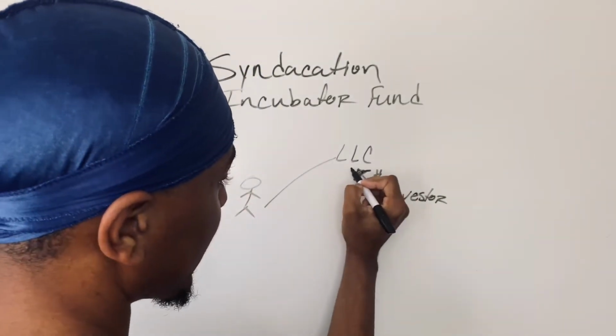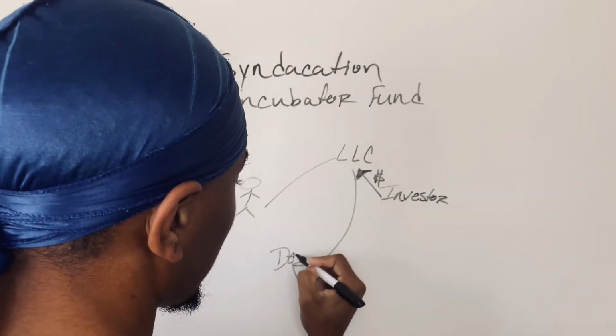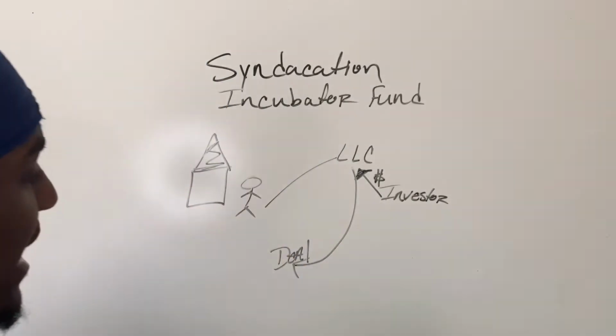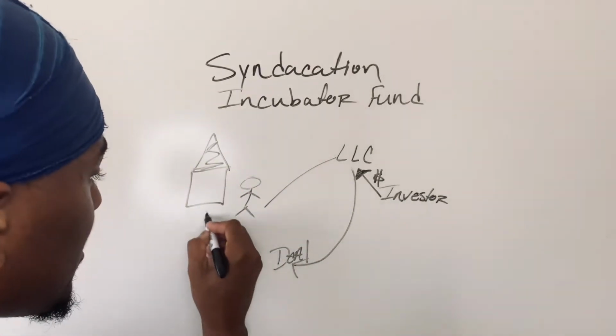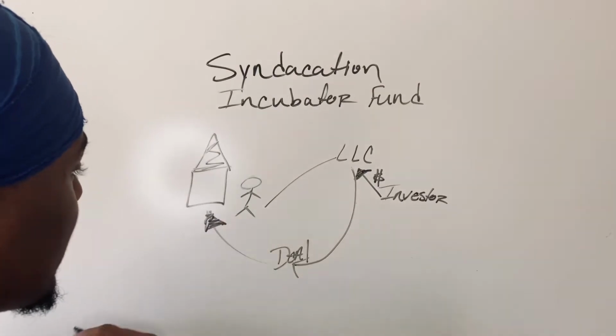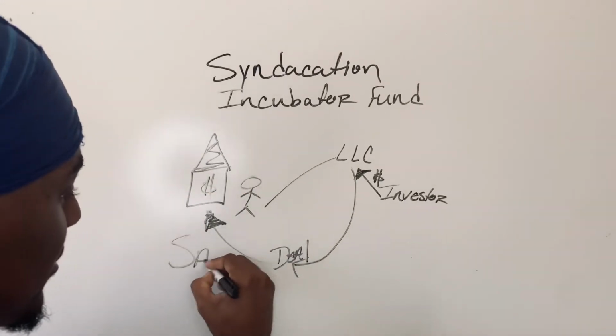They would take this money and do the deal. They would renovate the house, get it all ready, and sell the house. They bought the house and now they sell the house.